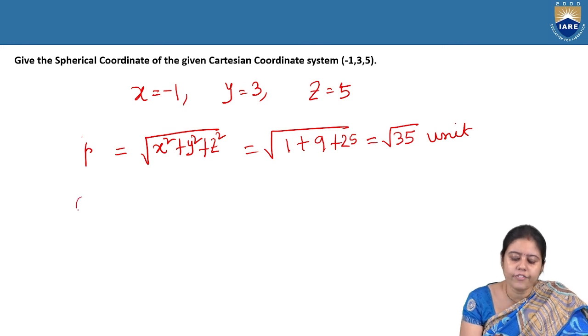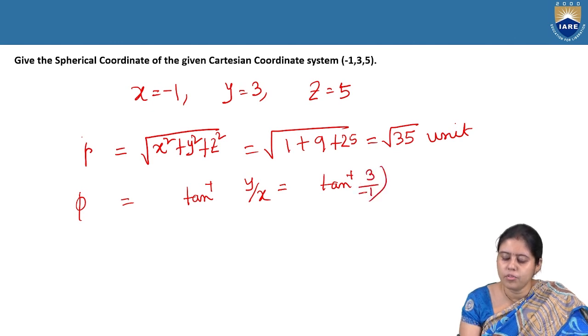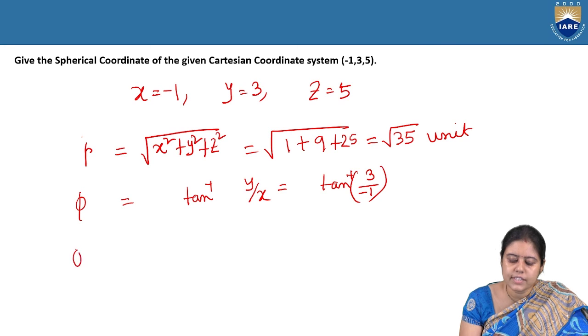What is the angle phi? Phi is equal to tan inverse y by x, so it is tan inverse 3 by -1. What is theta?